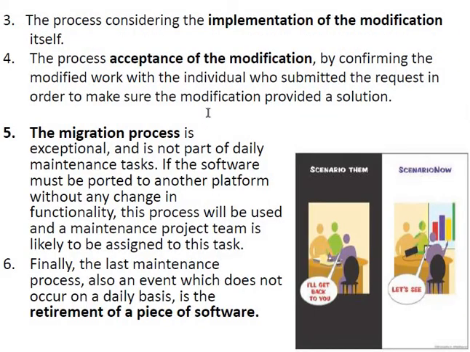Then we have the process considering the implementation of the modification itself. The fourth one is the process acceptance of the modification, by confirming the modification work with the individual who submitted the request. Once they send you the modification, you are checking that particular modification, confirming it with the client or the customer.